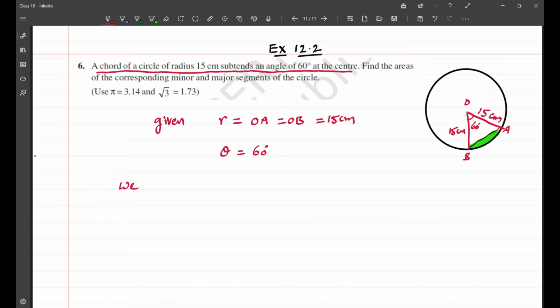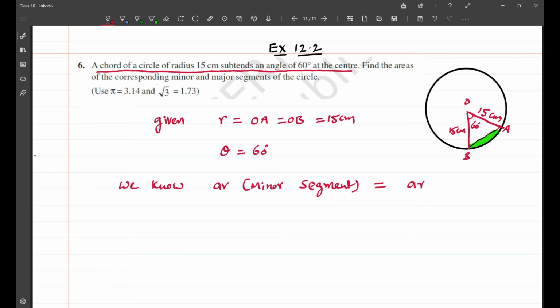We know that area of minor segment is equals to area of sector minus area of triangle.